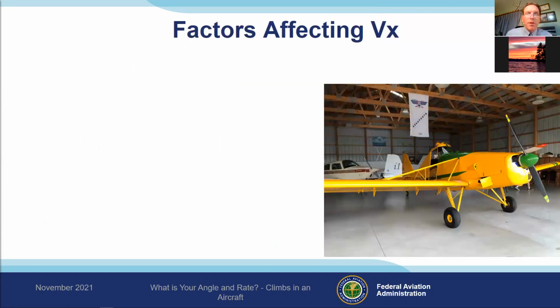So let's put some focus on VX. What are the factors that do tend to affect VX when we are climbing? In some aircraft like this old Call Air, used for agricultural operations and occasionally used for towing banners or gliders nowadays, when you can find them still out there, they're good climbing aircraft, not great cruisers, not going to get you very fast from point A to point B, but they do fairly well at climbing.